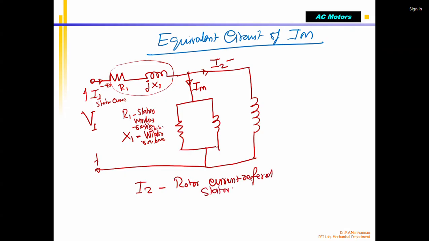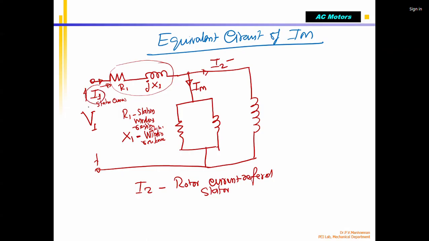Because we know that in the stator we are not supplying any current directly, the current in the rotor is induced. That current is produced due to the magnetic flux created by the stator coil, and the flux created depends upon the current.